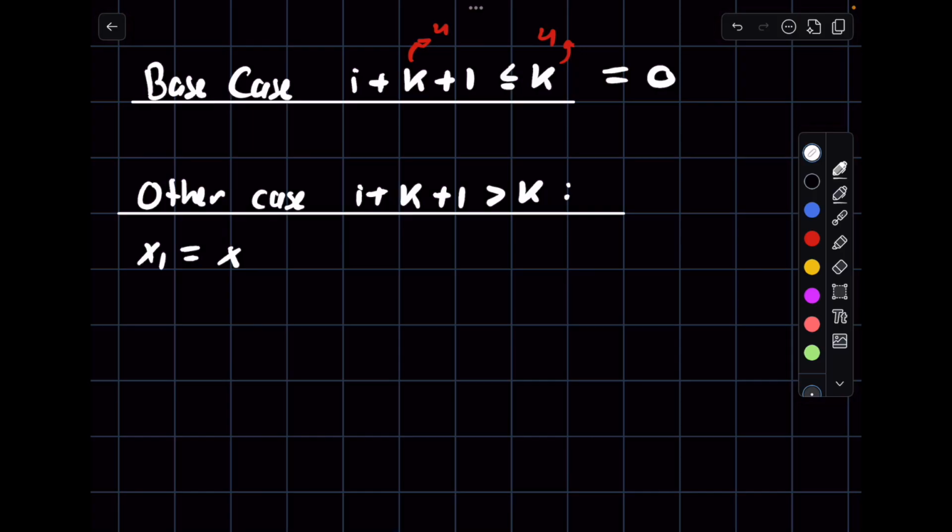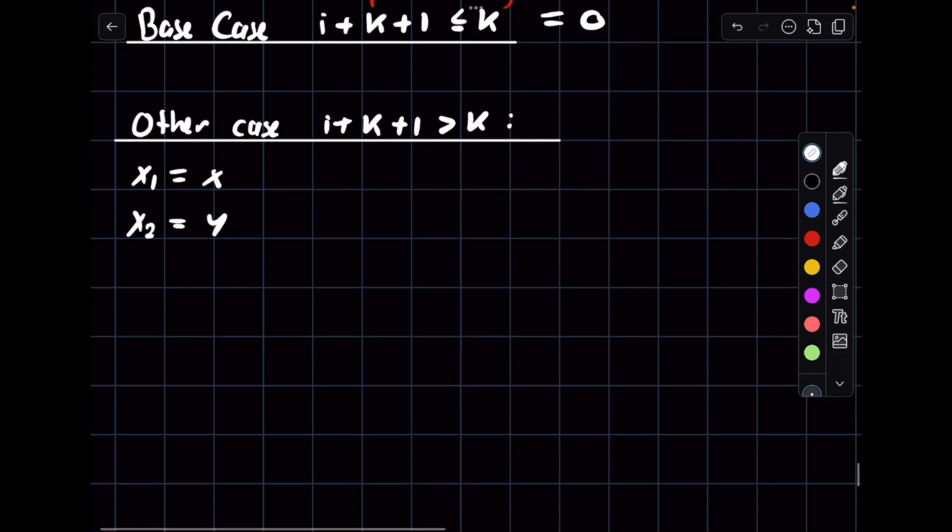Let's say x1 is equal to x, and x2 is equal to y. Then x plus y is equal to I plus k plus 1.